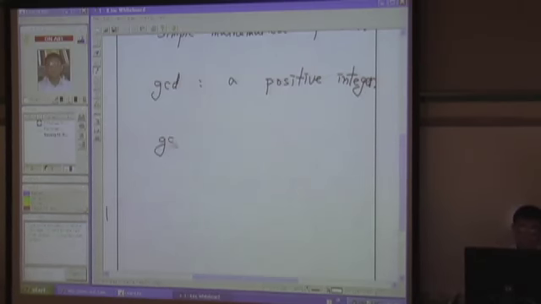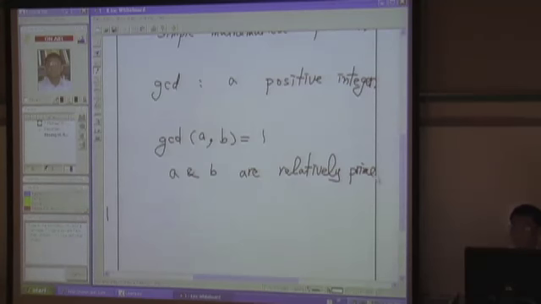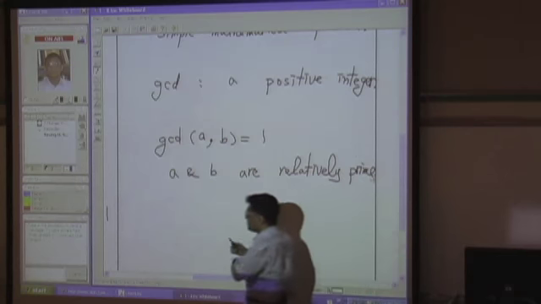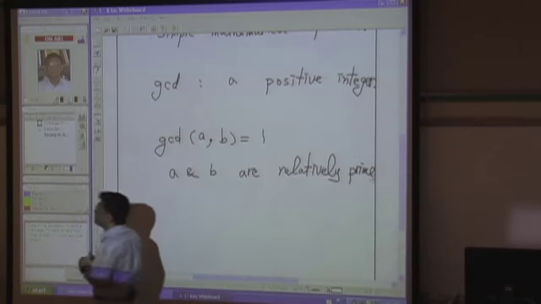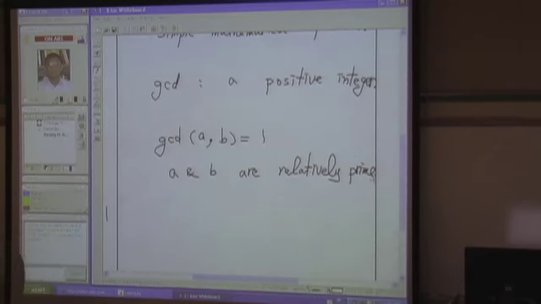What is the smallest possible number of GCD? 1. Then we say A and B are relatively prime. So we can say two numbers are relatively prime when you find the GCD equal to 1. So just the definition, right?